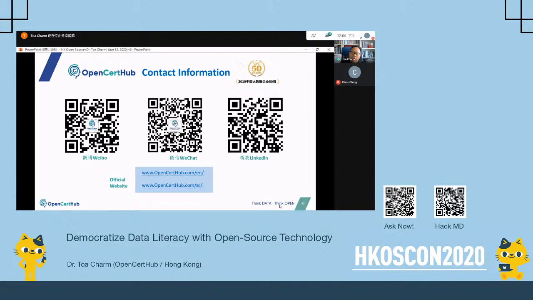So we have a set of qualifications and certifications that you can take, running on a blockchain platform, and we also use a lot of big data analytics to improve. We also make use of AI, facial recognition, to make sure we do a good job on the authentication. So those are the key takeaways that I wanted to talk about.